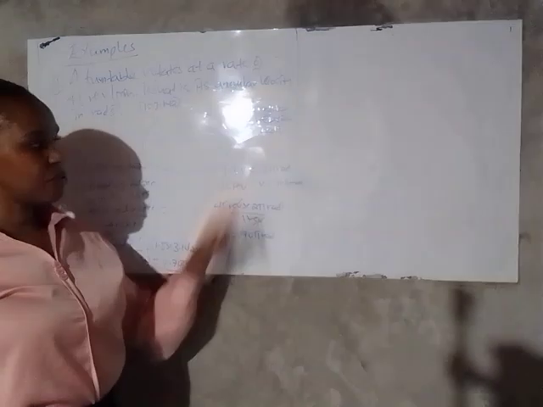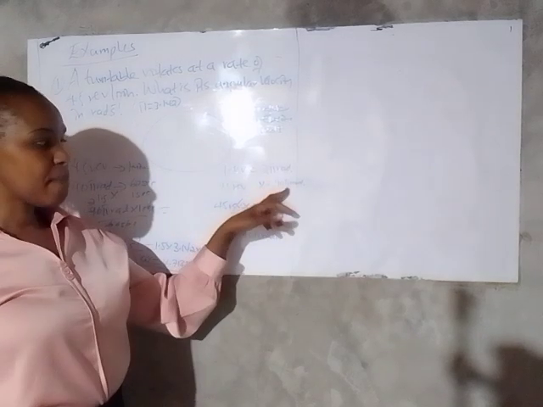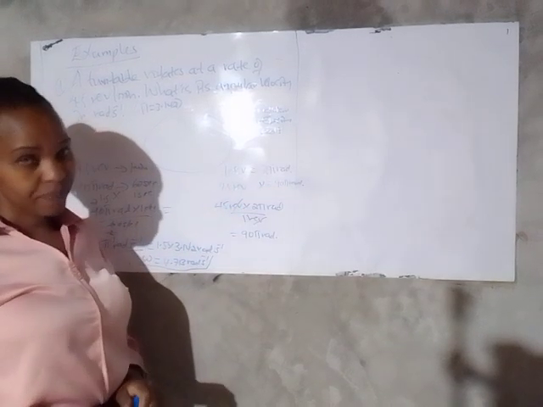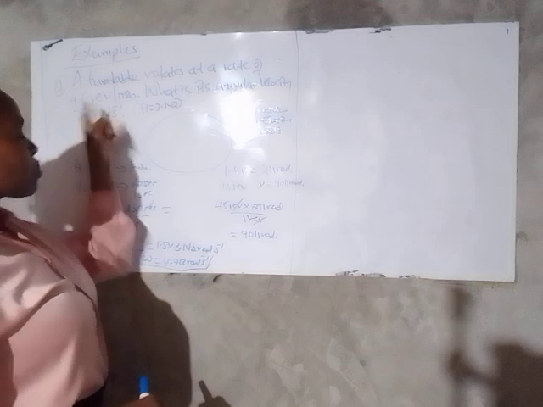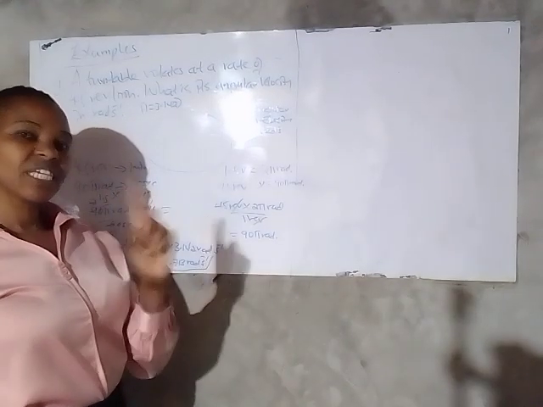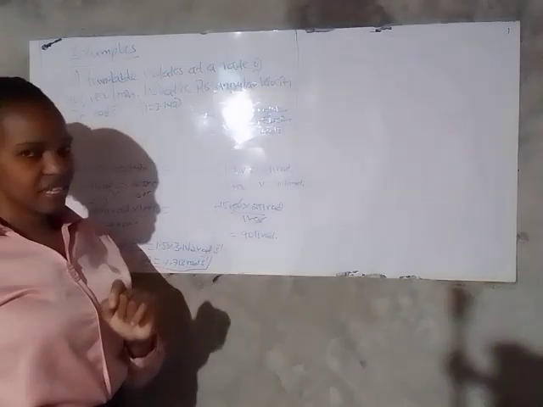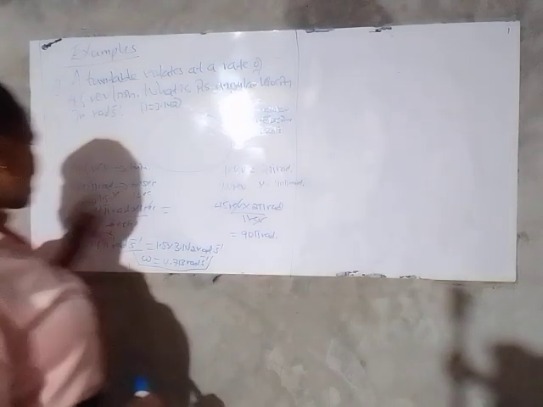If 1 revolution is 2 pi radians, 45 revolutions will be equal to 90 pi radians. But those 45 revolutions are in 1 minute, and we want to know how many radians in 1 second. So the 90 pi radians are in 60 seconds, that's 1 minute. What about in 1 second?